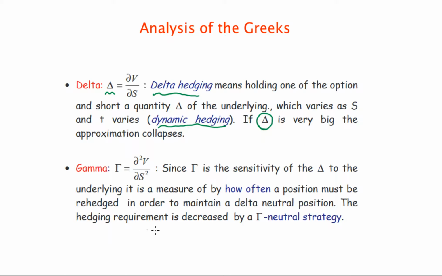And the hedging requirement is usually decreased by a gamma neutral strategy.